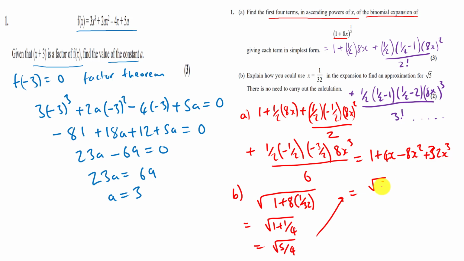So that equals the square root of 5 over the square root of 4, which equals root 5 over 2.